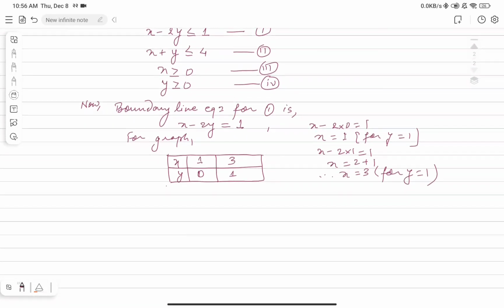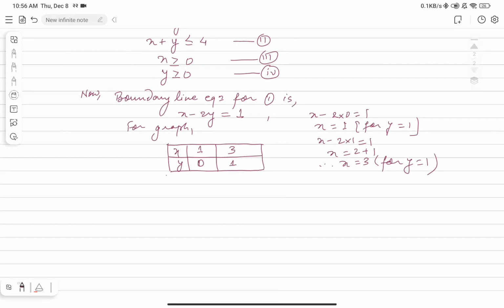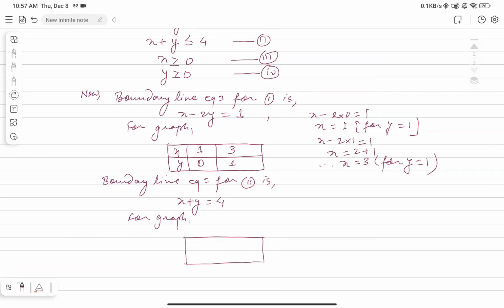Now we go to another inequality, x plus y is less than or equal to 4, and the boundary line equation for this inequality is x plus y is equal to 4. Let's write it. So this is our boundary line equation. For the graph we have to find 2 points to plot this boundary line.